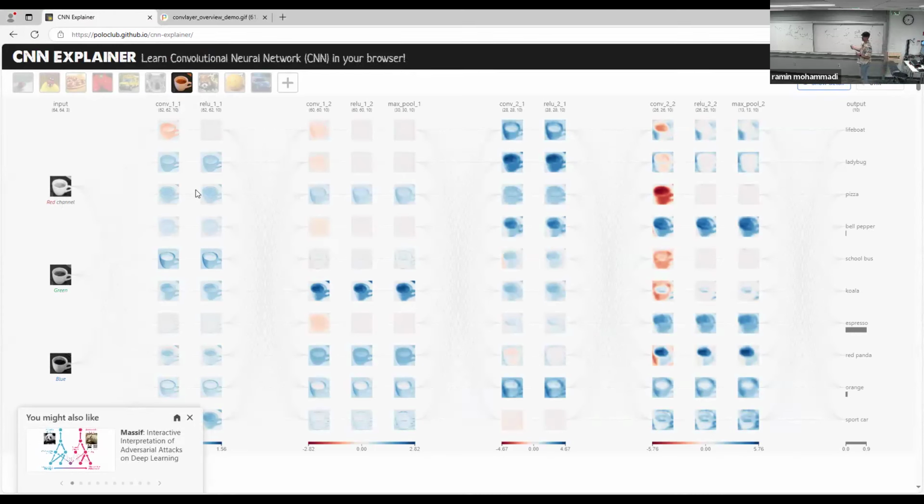Every kernel needs to scan all 3 channels and combine them into one. So what you see here, 1, 2, 3, 4, 5 through 10, are the outputs of 10 kernels averaged over 3 channels.